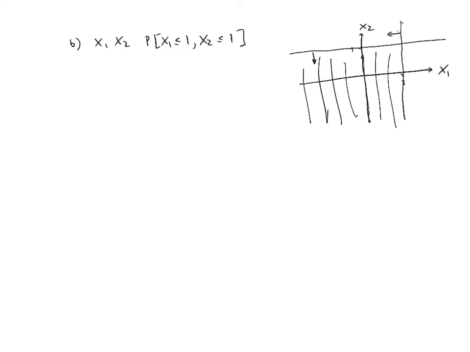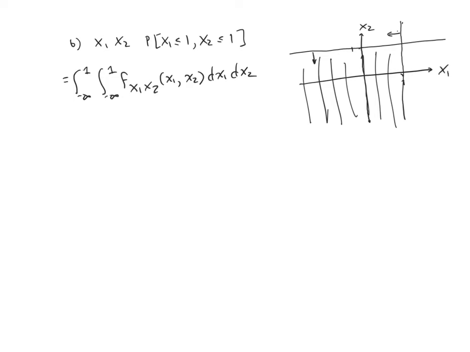Now, the thing that we've kind of omitted here is that this is a generic picture for every x1 and x2. So you can write this still generically as equal to the integral from minus infinity to 1, minus infinity to 1 of the joint PDF of x1 and x2 dx1 dx2.